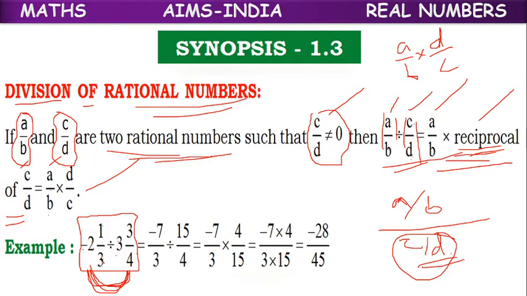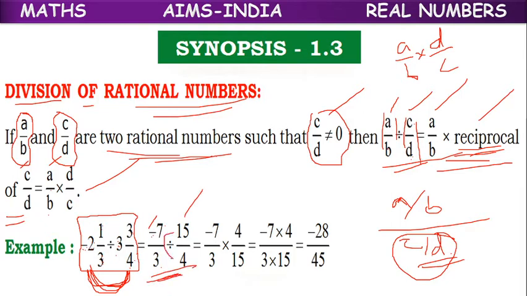Directly we multiply 3 2 times 6, 6 plus 1, 7, by the denominator 3. Now we have to keep the sign. As it is having minus, we will keep minus. So 3 3 by 4, 4 3 times 12, 12 plus 3, 15, 15 by 4. So the two rational numbers we have simplified.